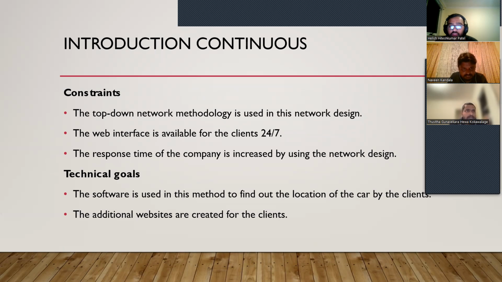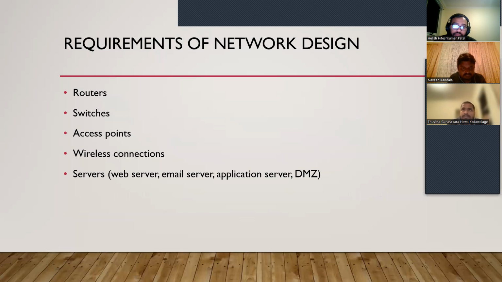We have some technical goals as well. This software is also used by clients to find the locations of the cars, so the company doesn't need to worry about theft and fire security. There are some additional websites also available for the clients, so the clients are not interrupted by any kind of fake advertisement.